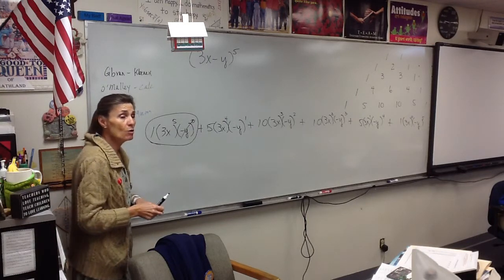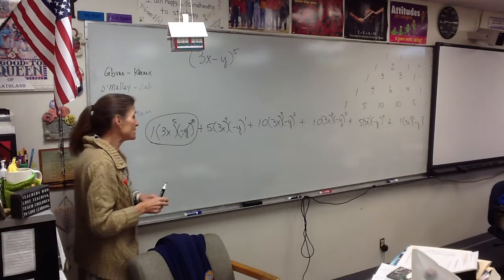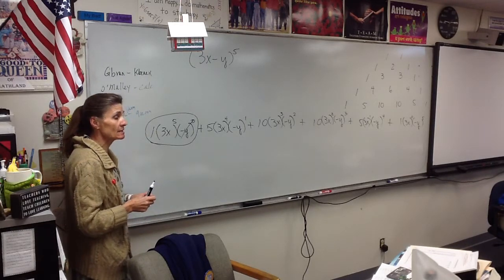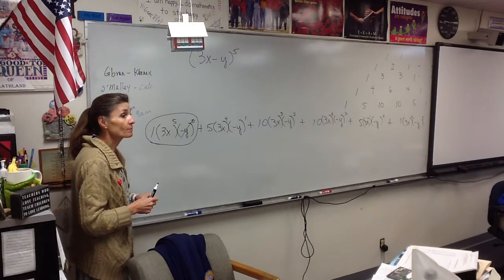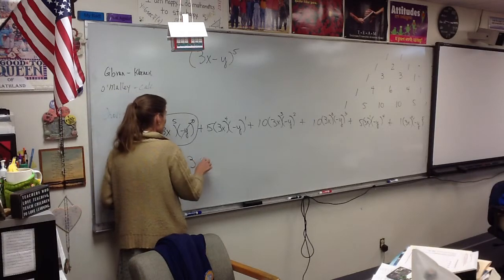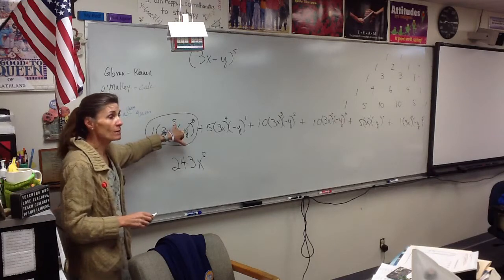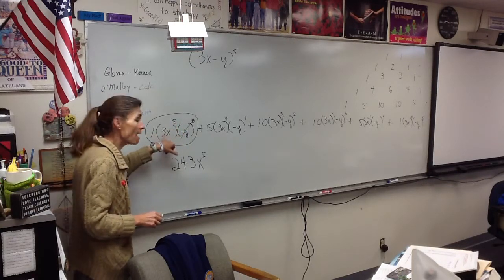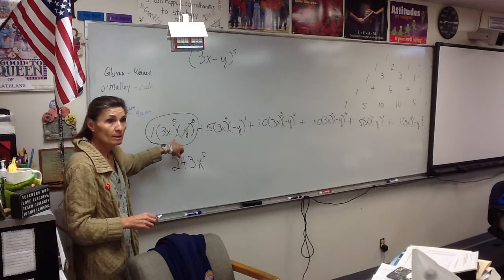So you really don't need to worry about anything to the 0 power. This is going to be what? 243 x to the 5th. Remember that that exponent goes with everything inside the parentheses. 3 to the 5th.